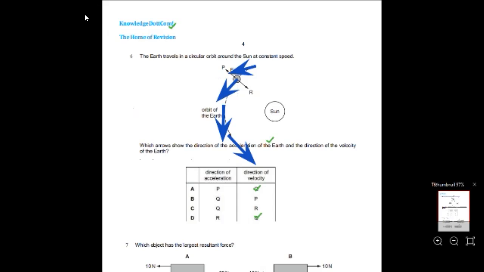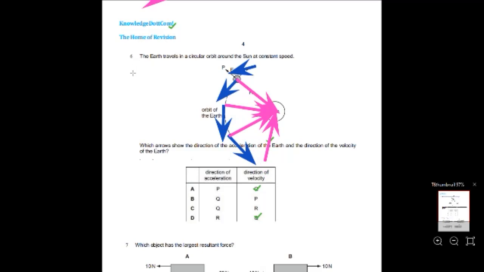Now the second thing is direction of acceleration. Force is actually always acting in inward direction. The direction of force is towards the center, which is centripetal force. At each point the force would be towards the center like this. And the direction of force and direction of acceleration is always the same.